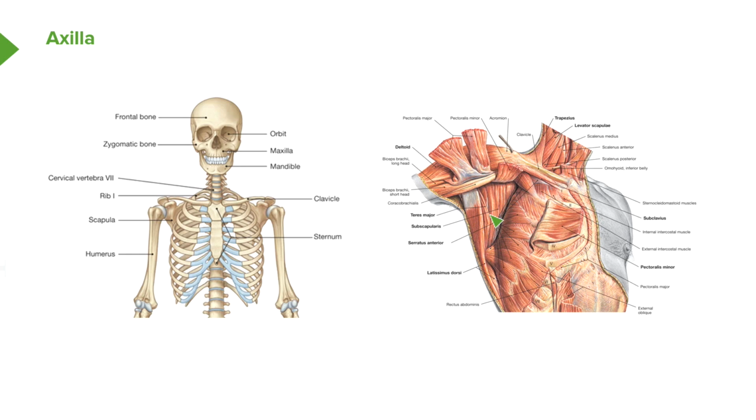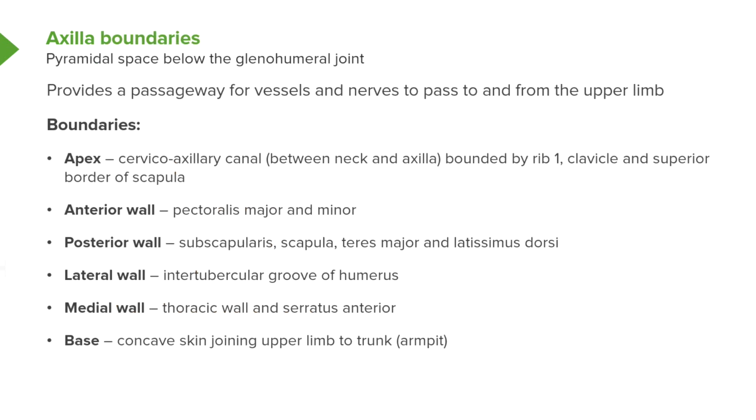It's got an apex and it has a base. So a pyramidal space that is below the glenohumeral joint, between the humerus and the chest wall. It provides an important passageway for vessels and nerves to pass to and from the upper limb. Structures like the axillary artery, axillary vein, and like I mentioned, the brachial plexus.